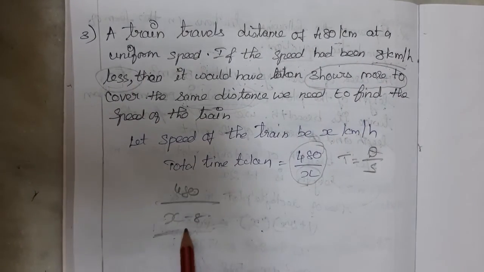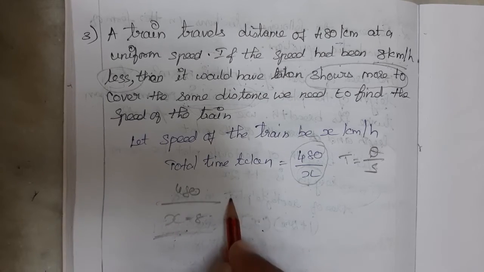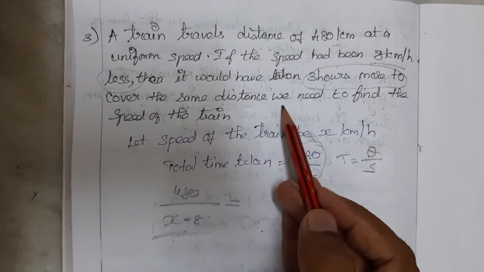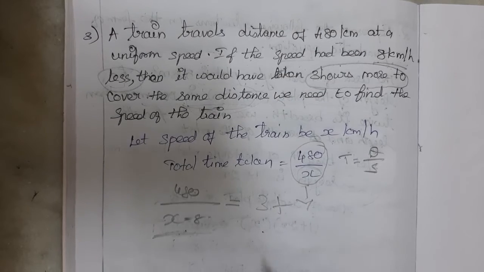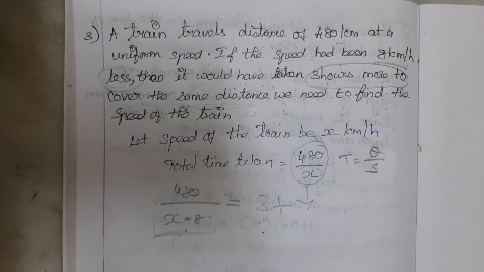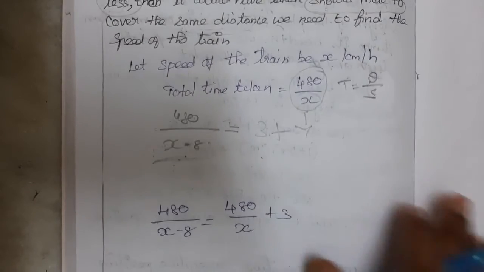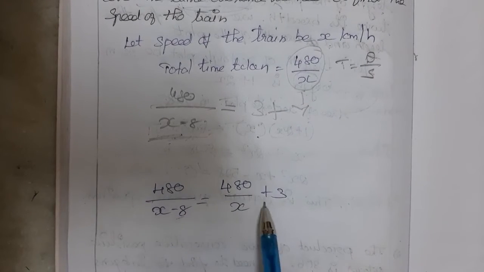If the speed is 8 km less, it would take 3 hours more to cover the same distance. So I'll write here 480 by x minus 8 is equal to 480 by x plus 3. You can see the speed is decreased by 8, so the time is increased by 3 hours.